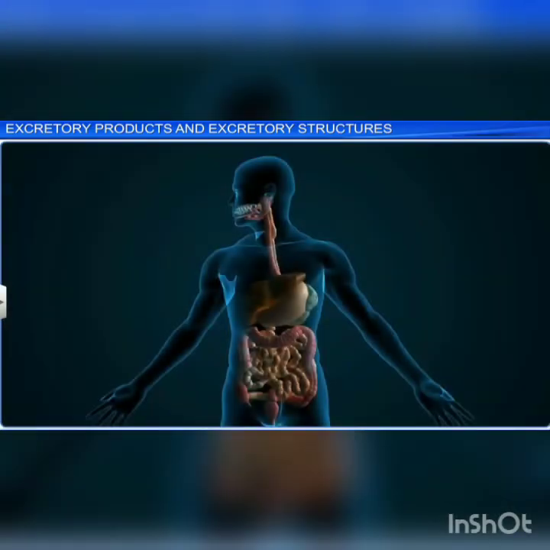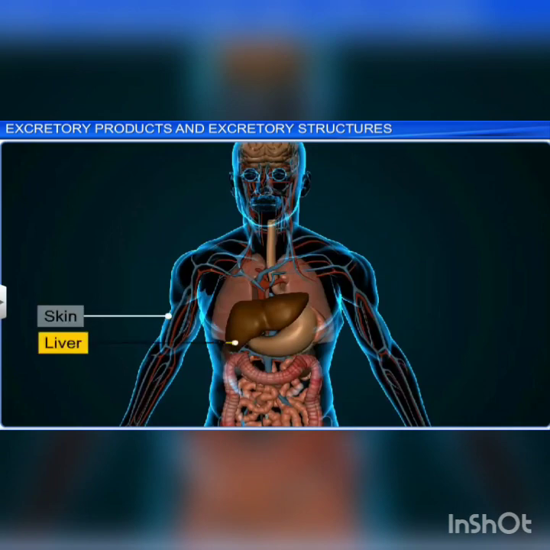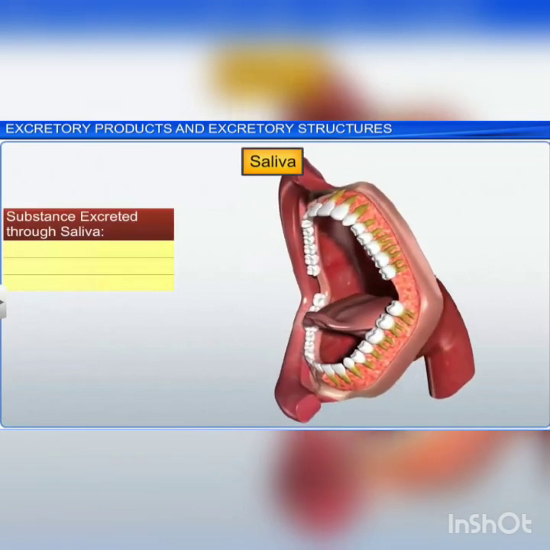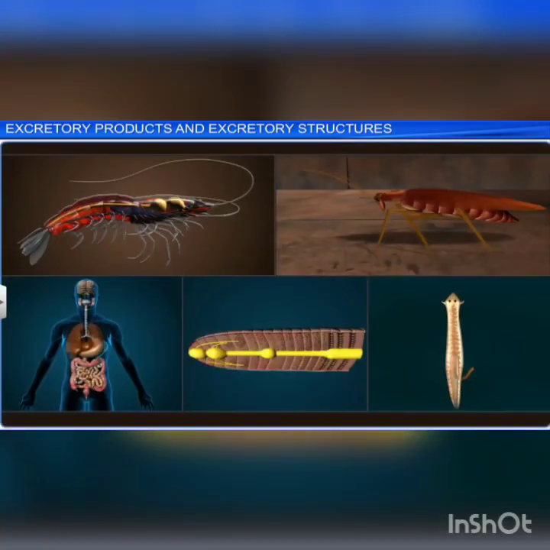Besides the kidneys, the skin, liver and lungs, saliva too helps in the removal of small amounts of nitrogenous wastes from our body. Therefore, excretion is an important process which is vital for all living organisms. The excretory organelles may differ from animal to animal and have evolved from simple to complex structures based on the needs of the organism.